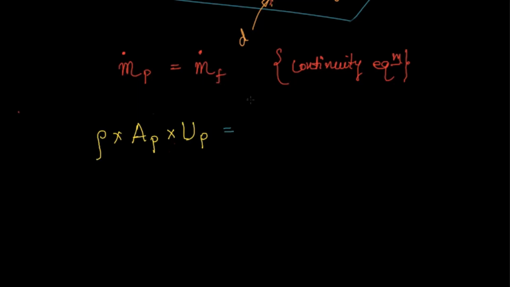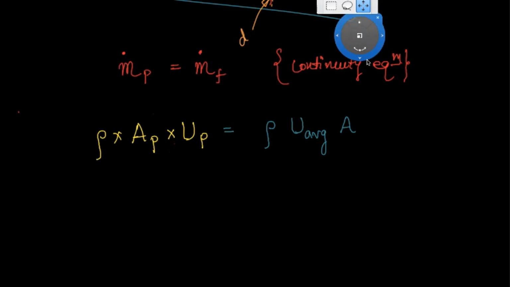So m dot F will be equal to the density of fluid multiplied by the average velocity U average multiplied by the cross-sectional area of the side of the plate.